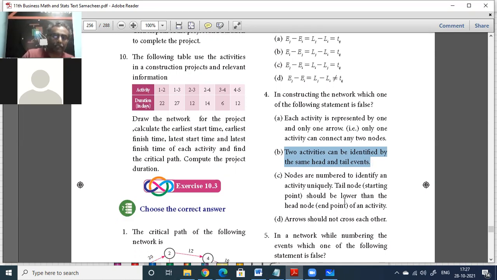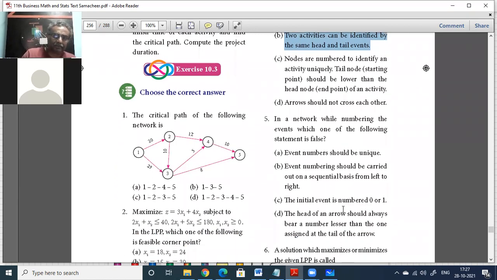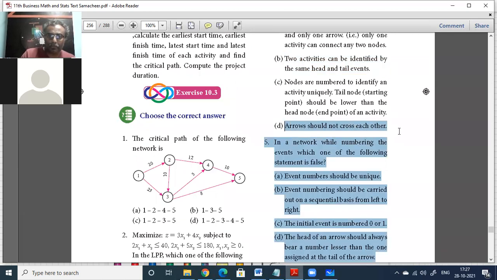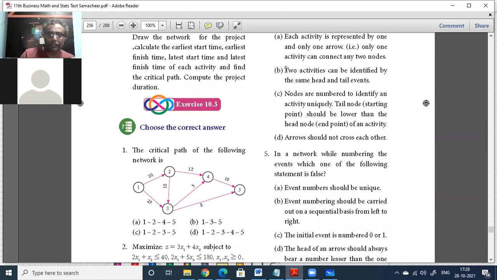Okay, let us see B only. Take it as B. These confusing questions they give. Arrows should not cross each other is true. Nodes are numbered is true. A is also true. B only is false. So B is the answer. Okay, fourth one, nothing to work out about that.